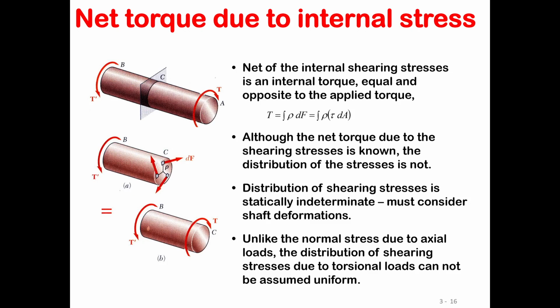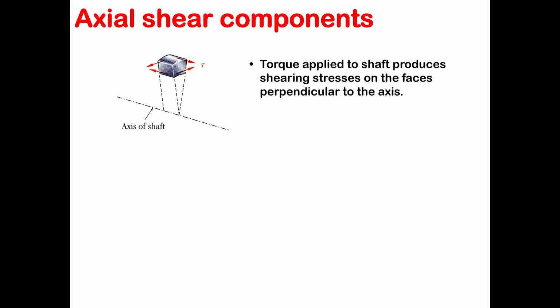Okay, let's try to find the shaft deformation then, or the angle of twist in general. Let's look at a very small element of this shaft, and you have the axis of the shaft here. We are looking at a very small stress element of the shaft. We want to find the torque applied, the shearing stress in that very small element.